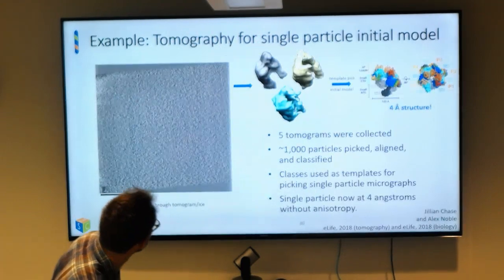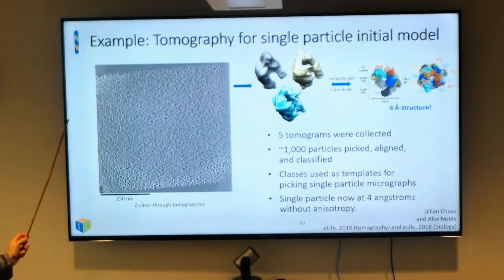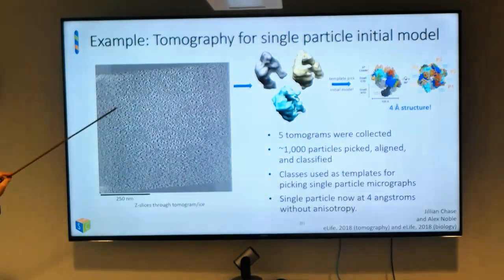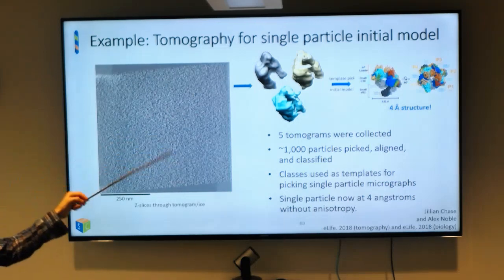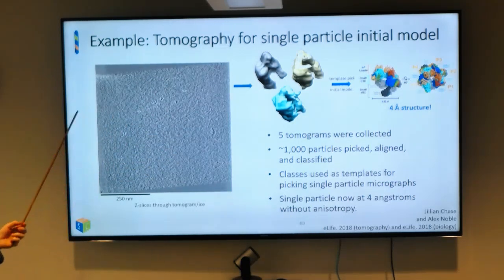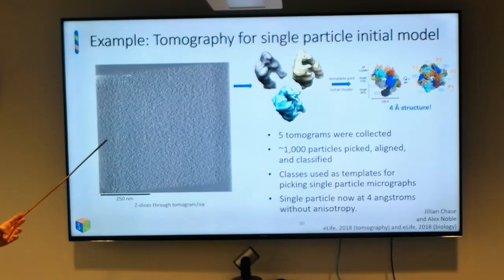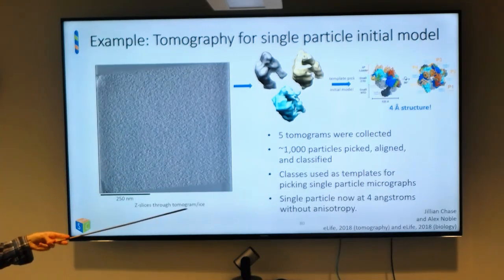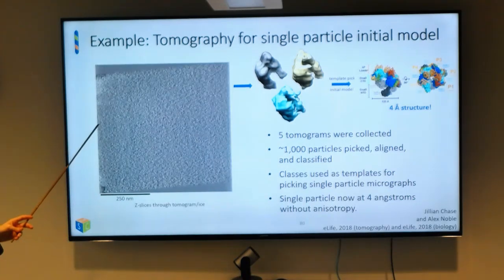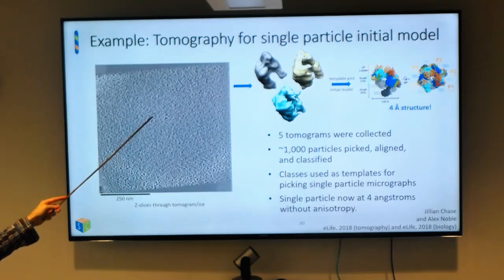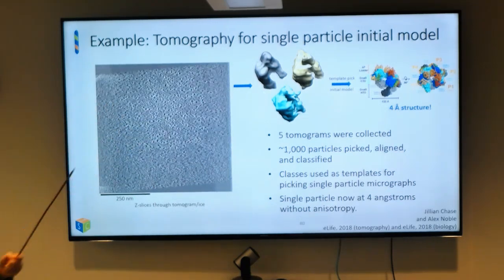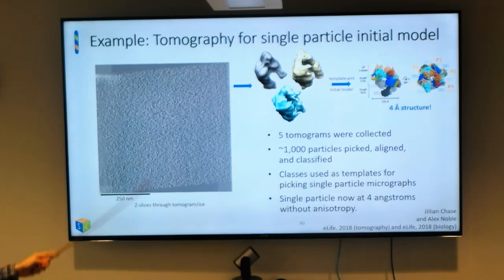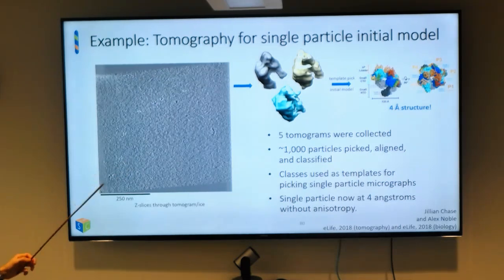Okay, good. Here is an example of what you can do if you collect a tomogram of a single particle sample. We had a user, and this is all published now, who had issues with making an initial model, both for the single particle refinement and for fully picking the single particle images.